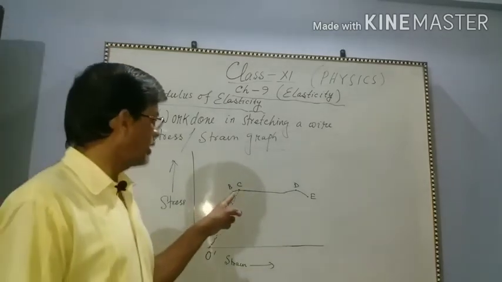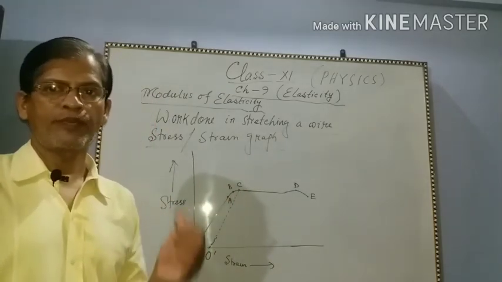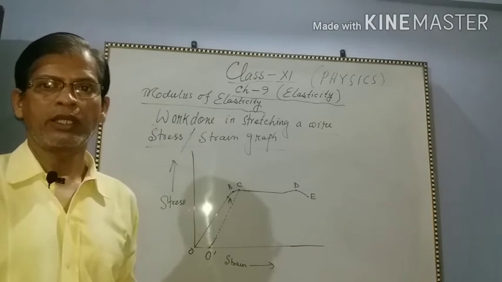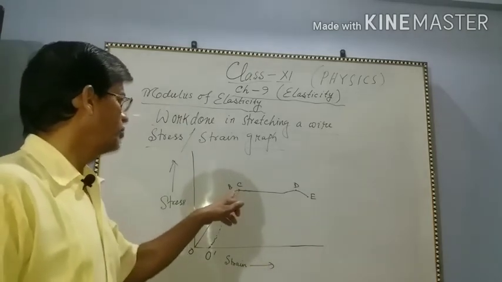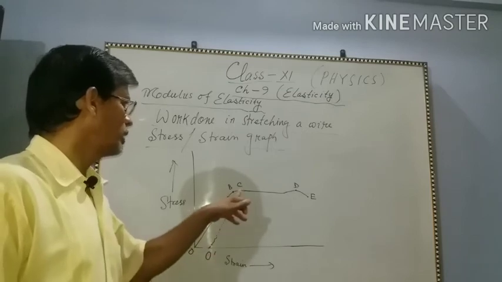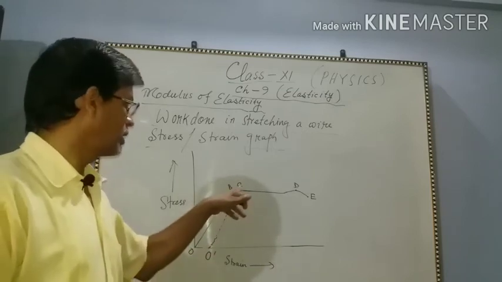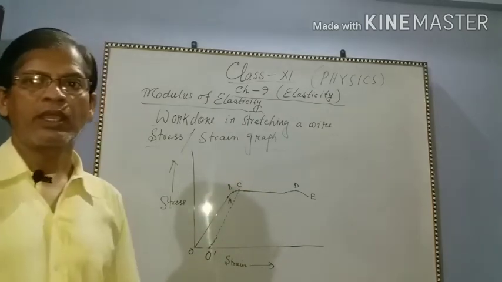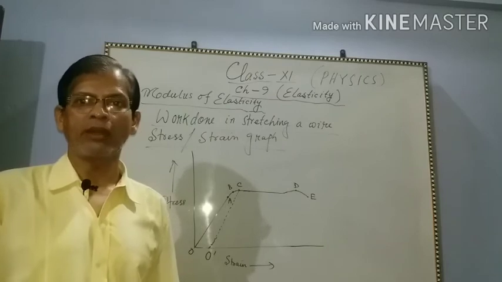But at point C, if the wire is unloaded, the graph will not follow the path CBAO, but it will follow the dotted path CO dash. And O dash is called the permanent set.